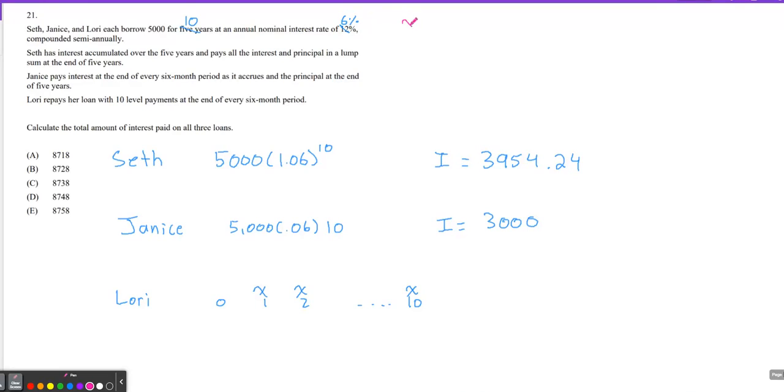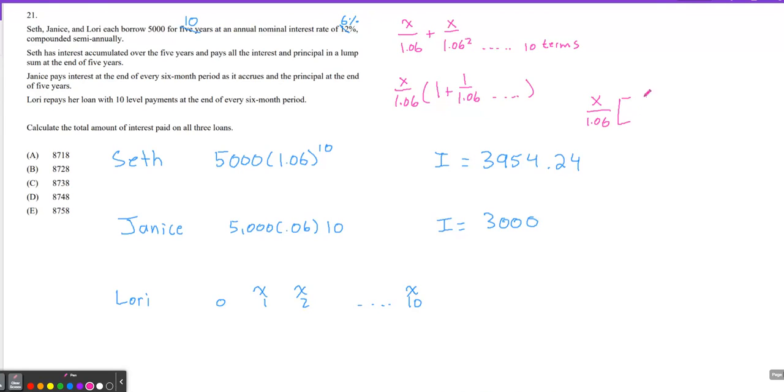So we have x over 1.06 plus x over 1.06 squared. We have 10 terms, right? Geometric, so you factor it out, x over 1.06, 1 plus 1 over 1.06, 10 terms, so it's x upon 1.06.